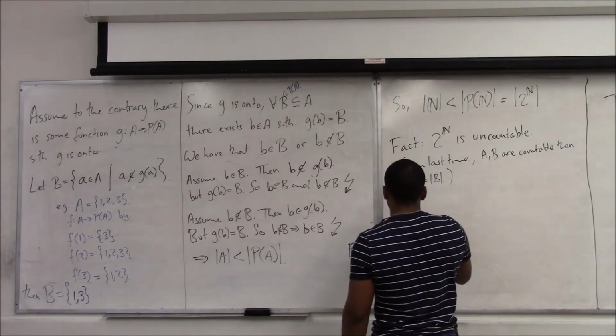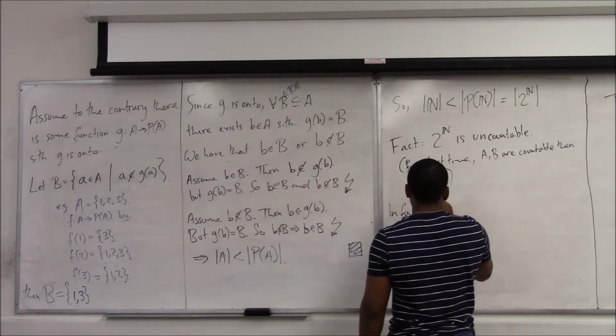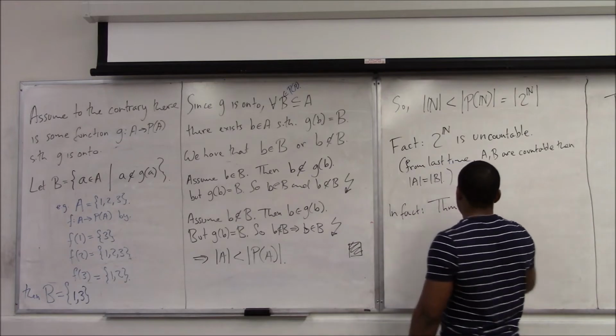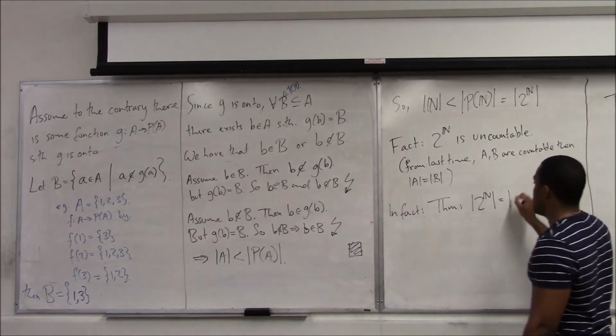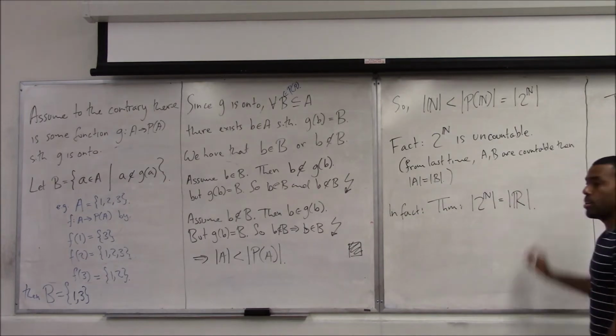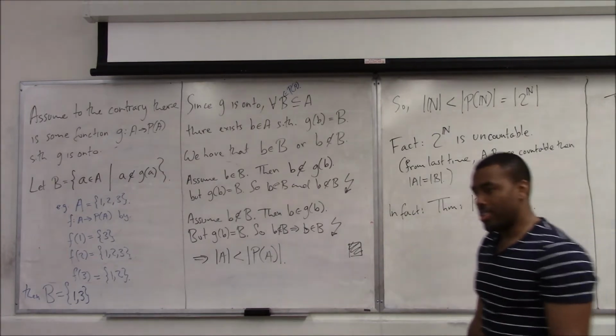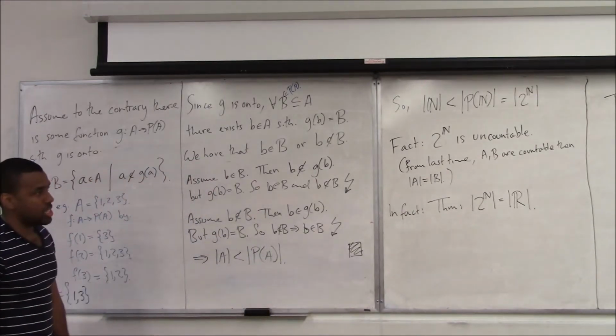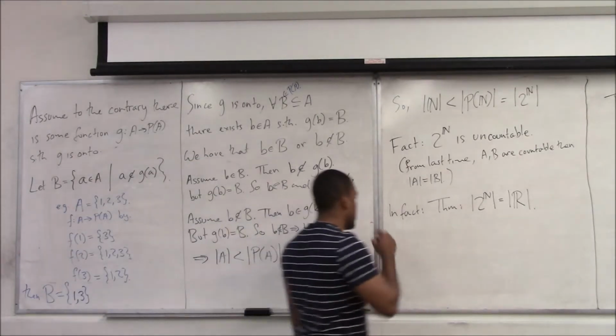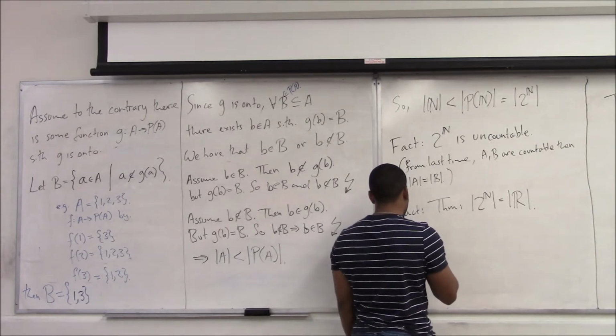In fact, there's another theorem here. The size of this set is actually equal to the size of the real numbers. That would give you another proof that the real numbers are actually larger. This proof is actually long. We won't prove this, but it's in the text.